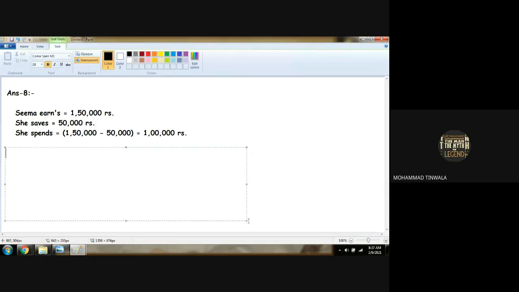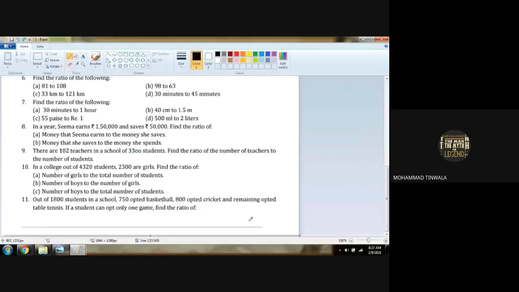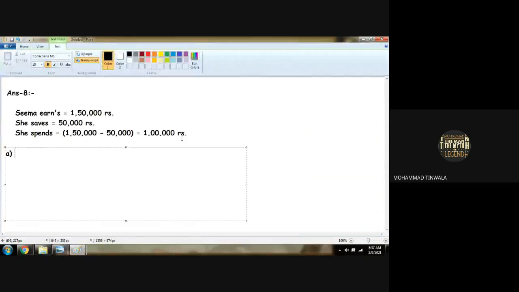Sum number A. Money that she earns to money that she saves. Ratio of money she earns to money she saves. Right?